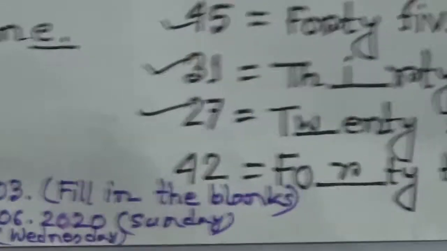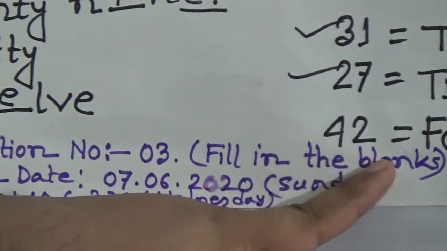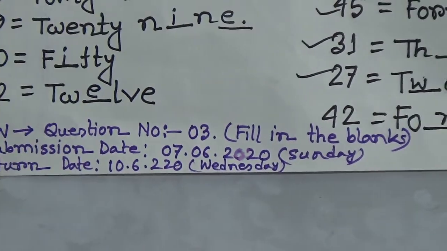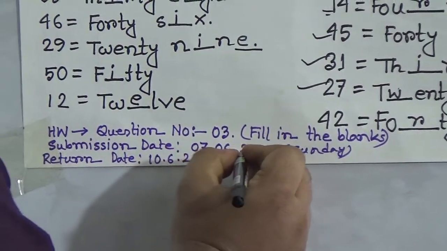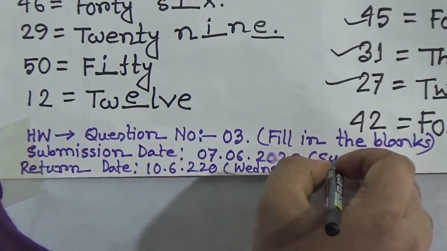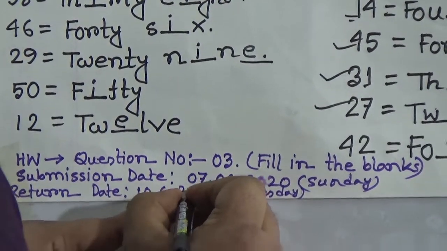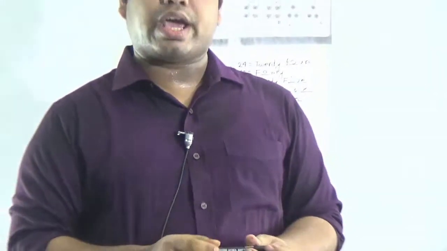My dear student, question number 3, fill in the blanks is your SW. Your submission date is 7/6/20 Sunday and return date 10/6/20 Wednesday. Please do your assigned SW at home.